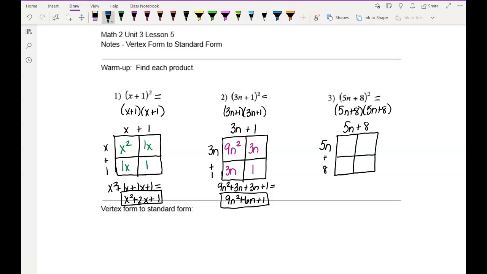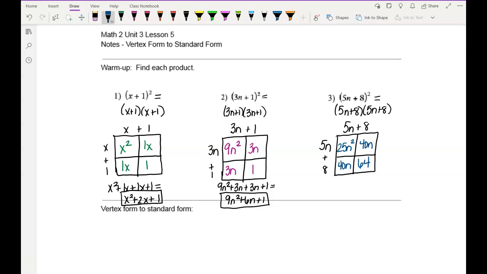So 5n times 5n gives me 25n squared. 5n times 8 gives me 40n. 8 times 5n gives me 40n. 8 times 8 gives me 64.